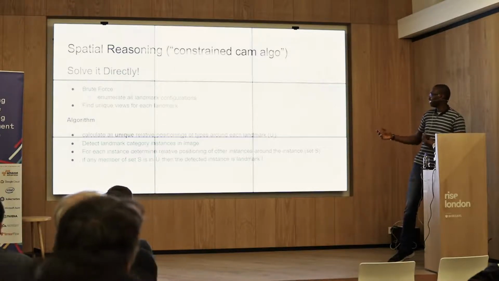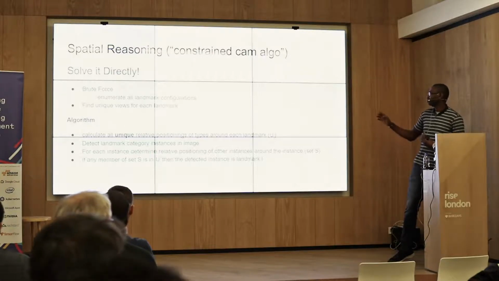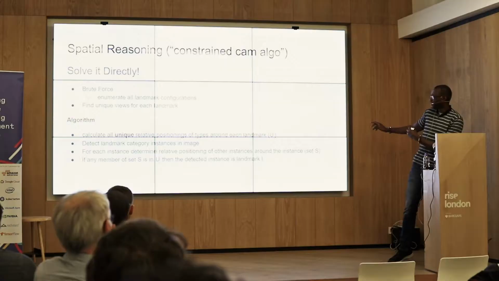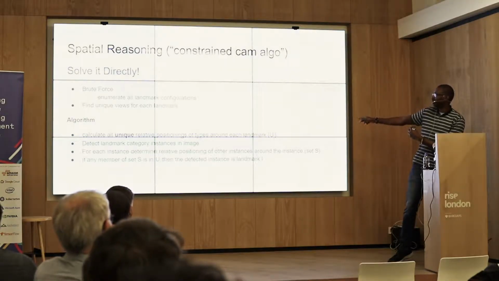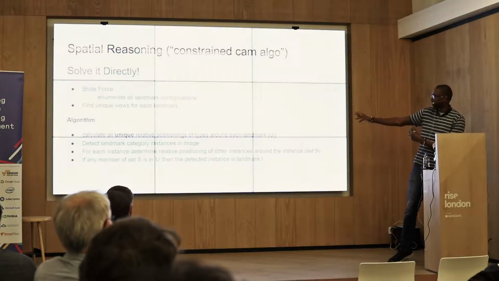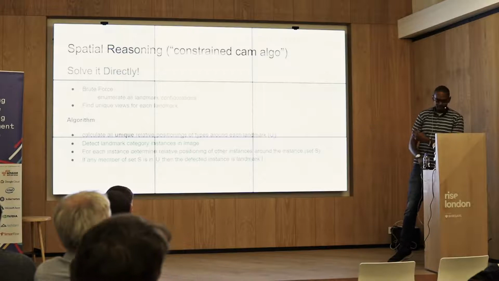Afterwards, for each instance, you detect the relative positioning of other instances around it. That creates another set S, and UL is a unique position for a label, so there's no intersection with the other labels. So if set S has a member that belongs in UL, then that instance you're trying to determine is of that label L.